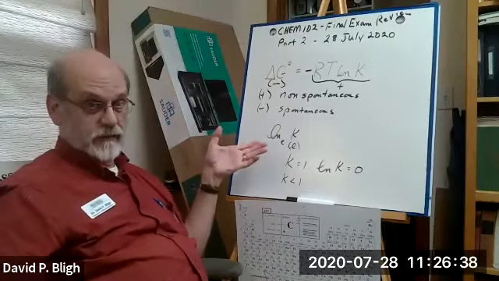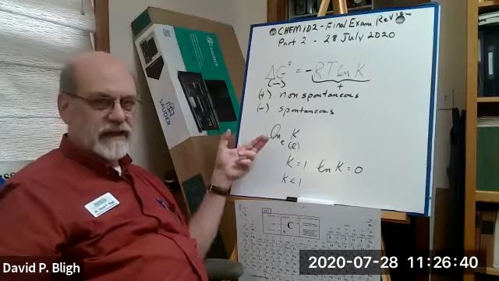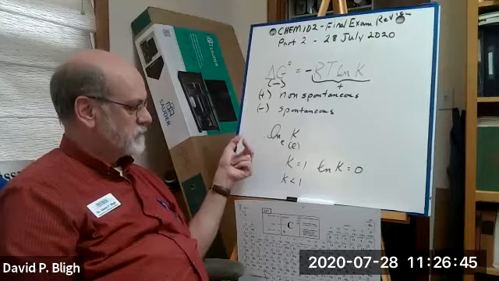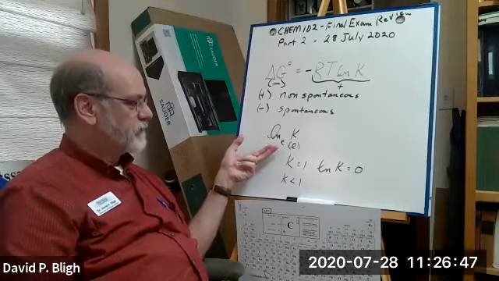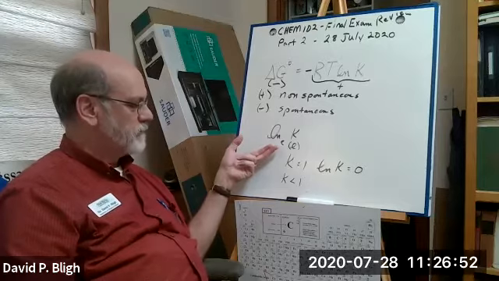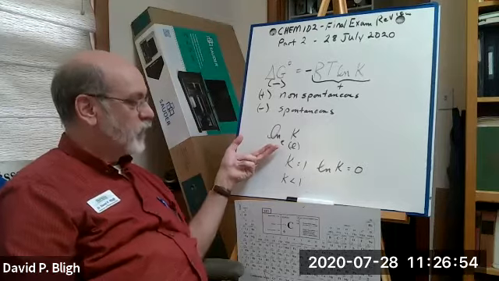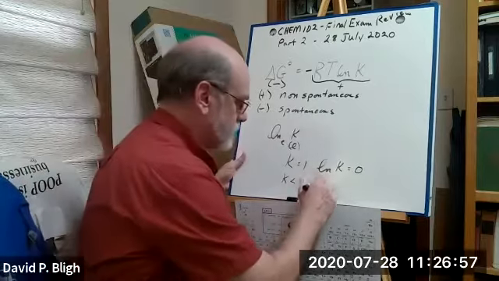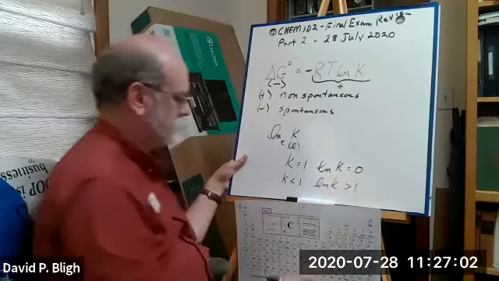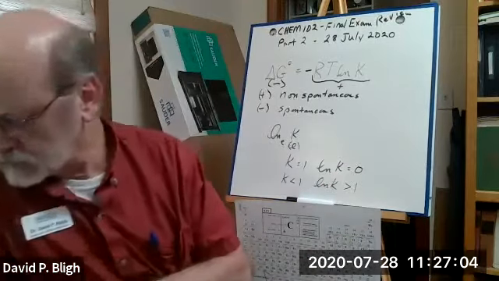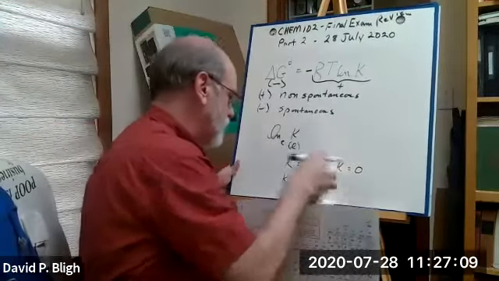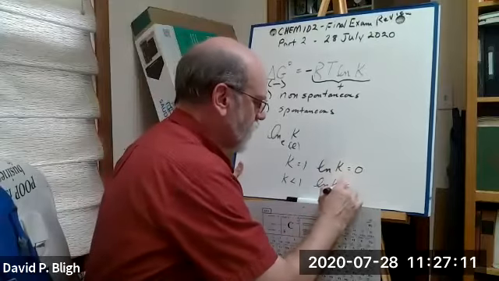Sorry, other way around. If K is less than 1, then the natural log is also less than 1.